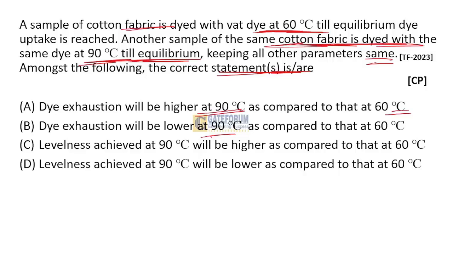In these questions, when you read the question simply, you will understand that two options will be correct. The two concepts asked in this question are about the exhaustion and about the levelness of the fabric. At equilibrium, if you increase the temperature, it leads to a reduction in the dye exhaustion.